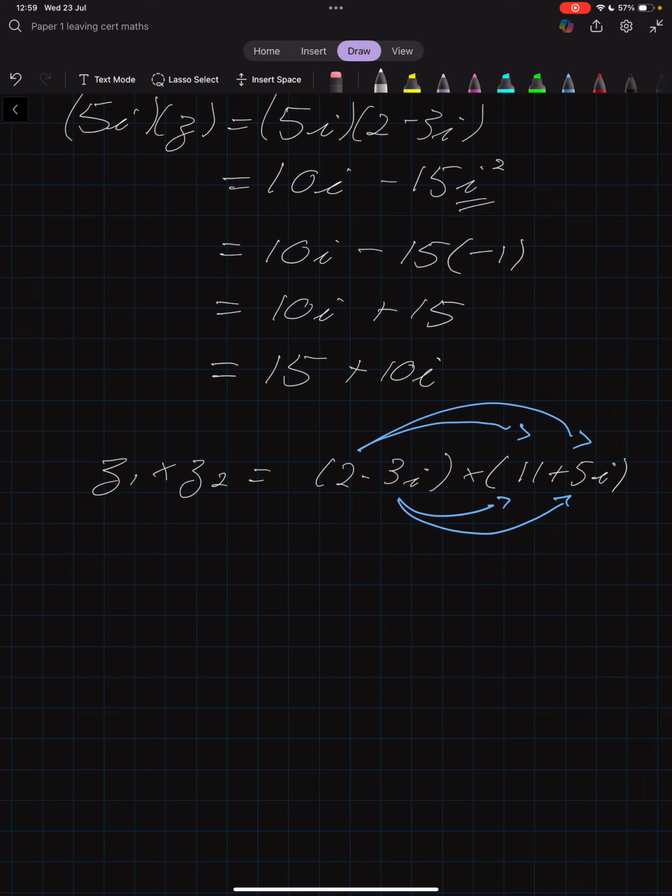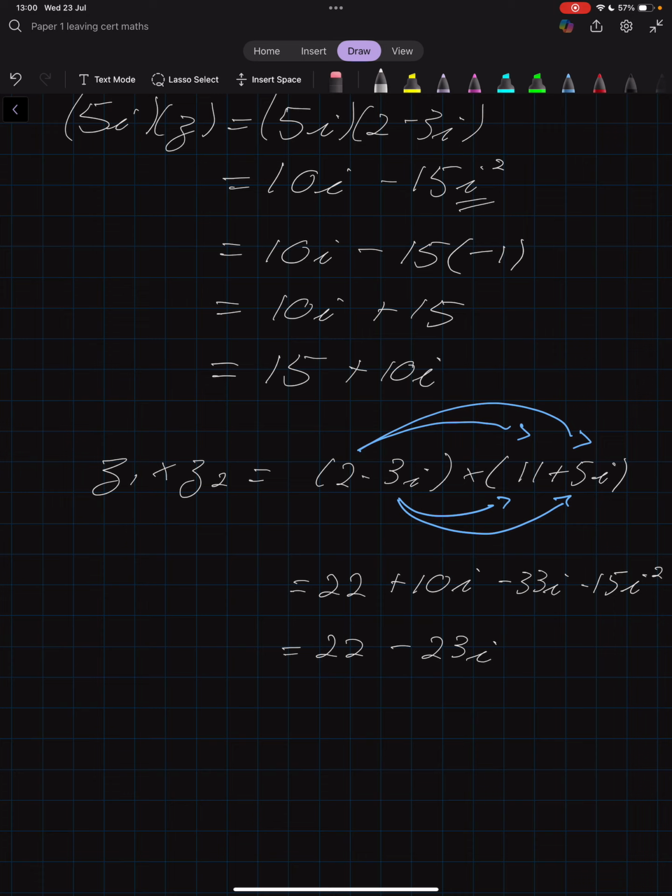Okay, so 2 times 11 is 22. 2 times 5i is plus 10i. Minus 3i times 11 is minus 33i. Minus by plus is minus. 3 times 5 is 15. i times i is i squared. Okay. So this is again 22 plus 10i minus 33i, that's minus 23i.